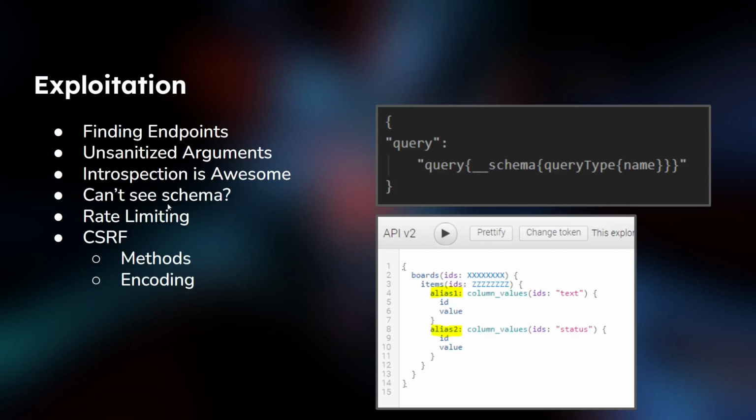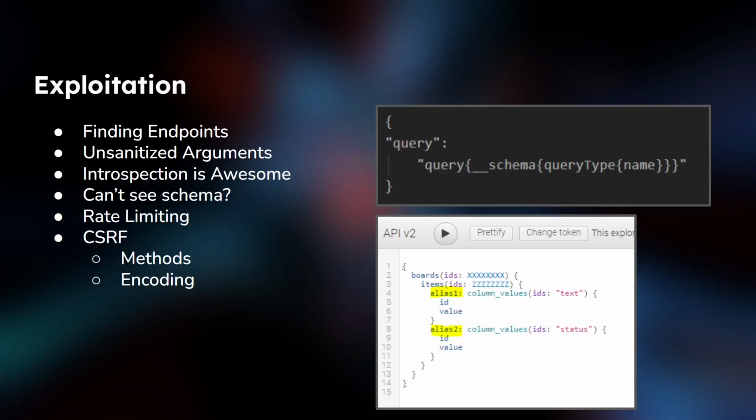One of the first defenses you'll see is developers trying to stop us from accessing a schema. And I mean, it makes sense, right? If we can get so much information off of it, they would want to blacklist it or not let us use it. So, for example, if they are blacklisting the double underscore schema as the query type, we might be able to just nest it in a query like this and still get a response back.